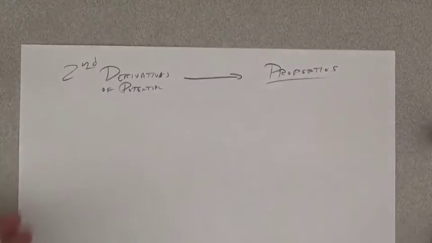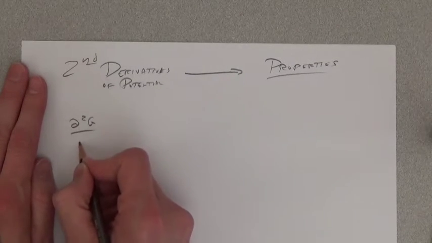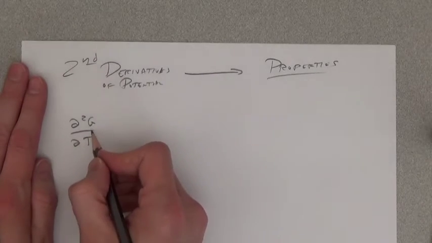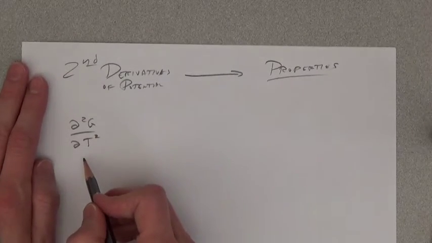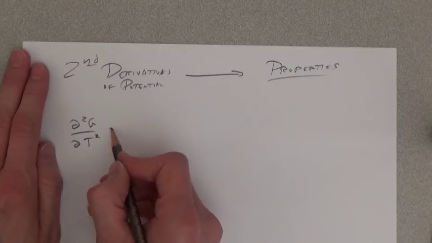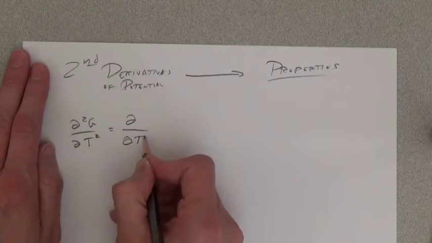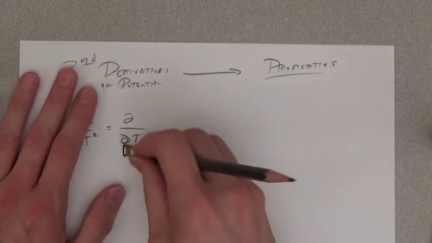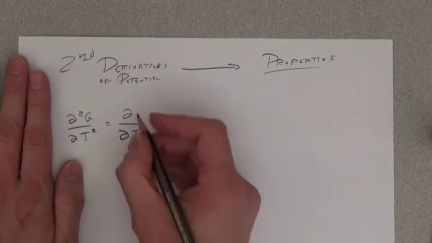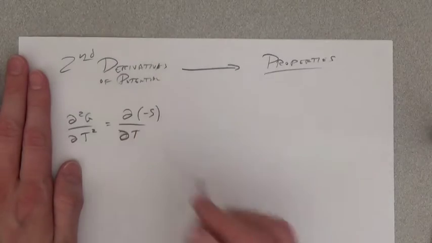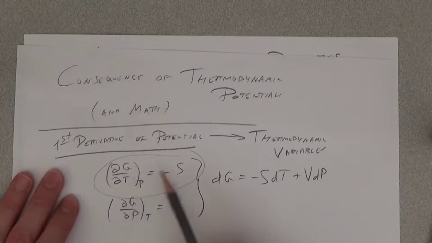So for example, if I take the second derivative of the Gibbs free energy with respect to temperature, that's going to give me the first derivative with respect to temperature of negative S, because the first derivative gives me negative S.